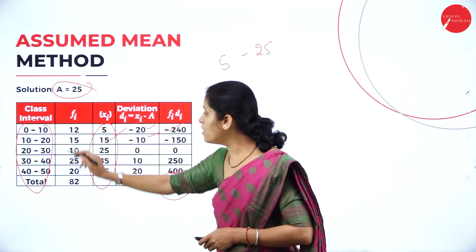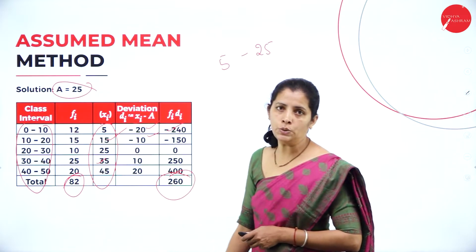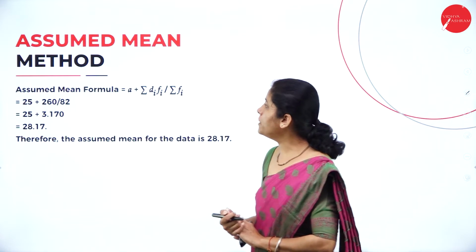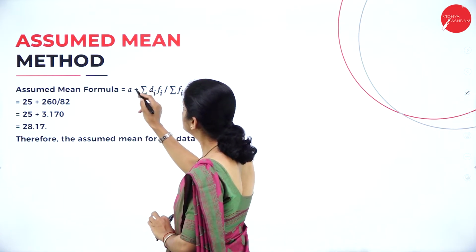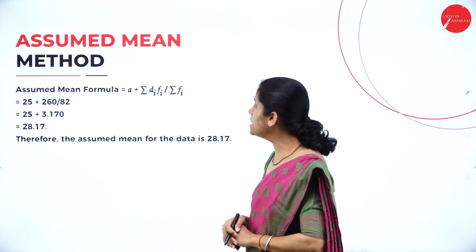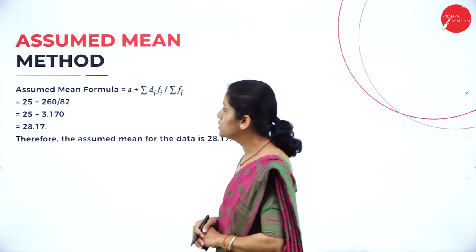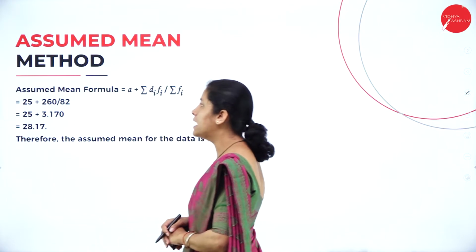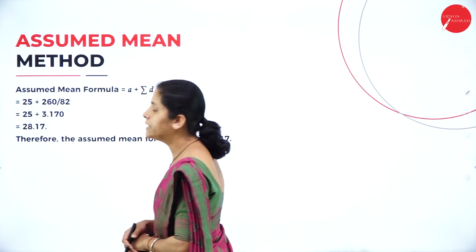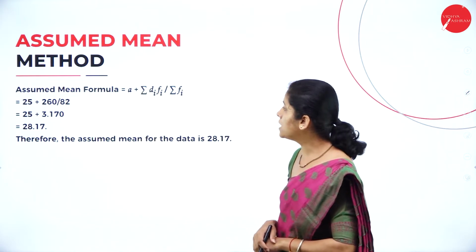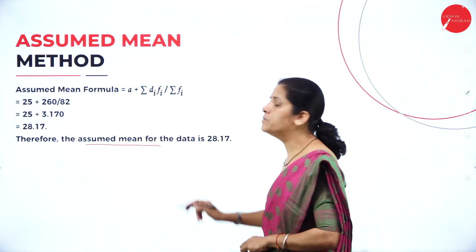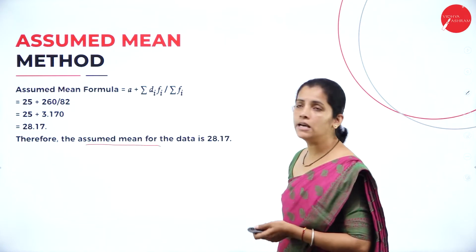And what is the summation of fi? That is 82. Now I have the assumed mean formula, A plus sigma di fi divided by sigma fi. So 25 plus 260 divided by 82, I am going to get the answer 28.17.